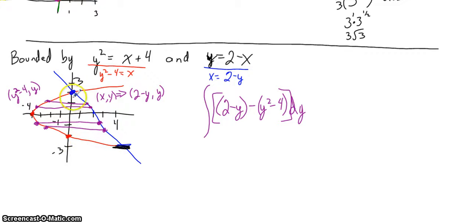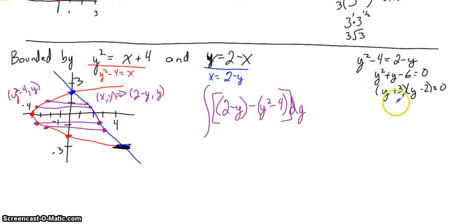I'm not going to guess because that's not accurate. So we would just go y squared minus 4 equals 2 minus y. Typical quadratic, so -3 to 2.